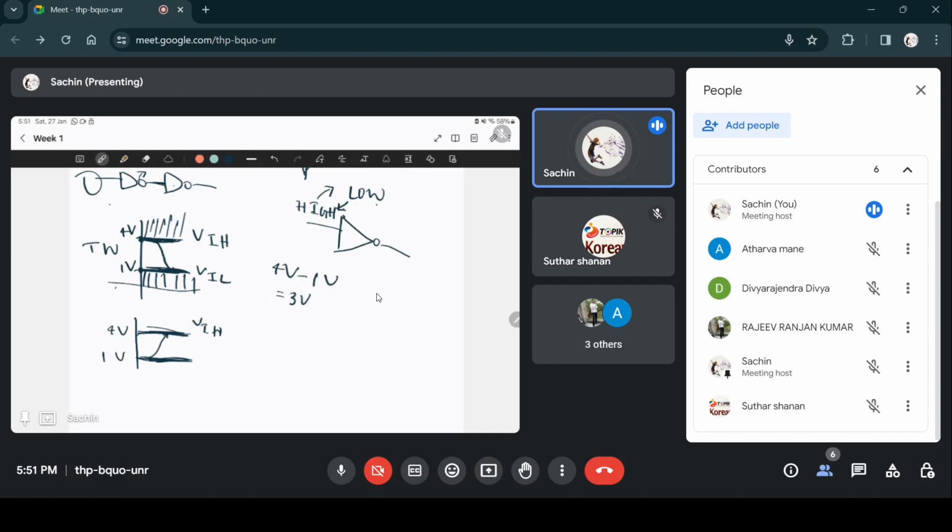So the change in your input voltage was 4 volts minus 1 volt, again 3 volts, an increase of 3 volts to change from a low state to a high state. So the difference in VIH and VIL is called the transition width, because that is the minimum amount of voltage change required to transition from low to high or high to low.